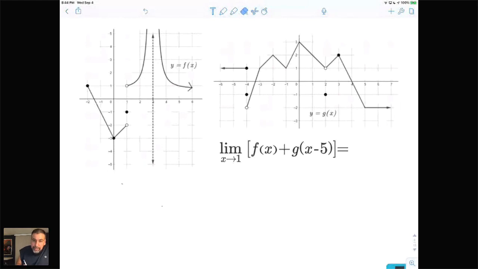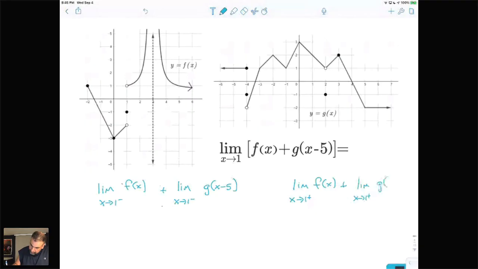While you guys are working on this, I'm going to start setting it up. Okay, so what I've done is I've set up a left-hand limit and a right-hand limit, but I've also instituted one of our properties of limits.